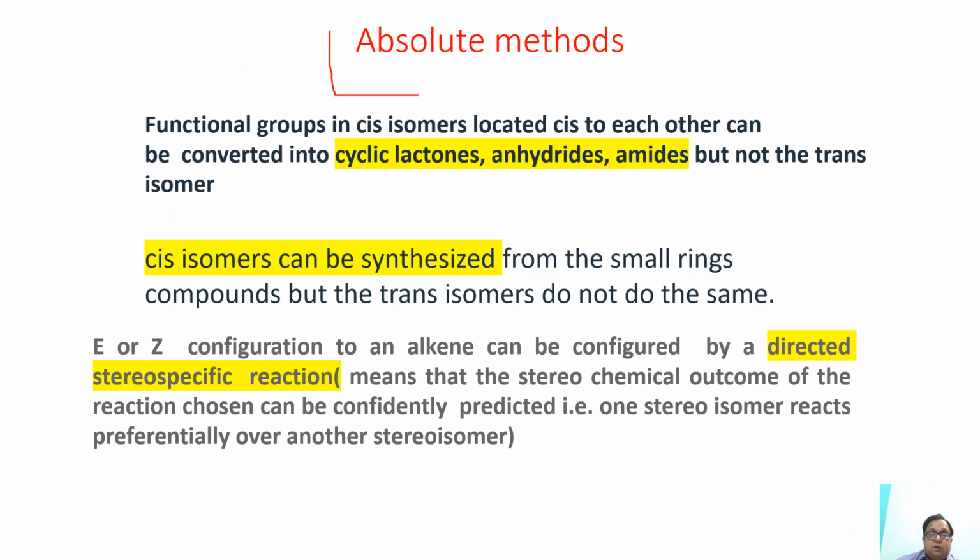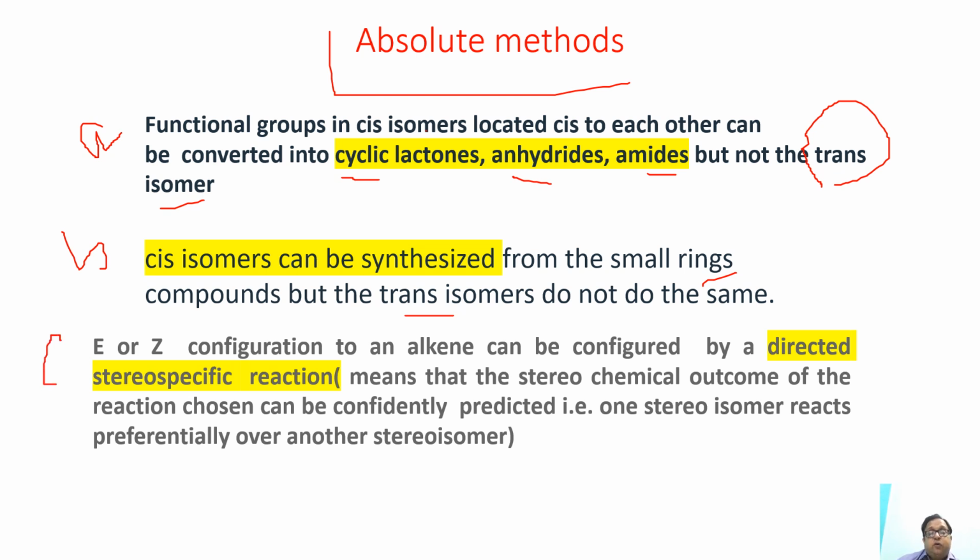Absolute methods can be worked out by any one of the three. In the first one, we easily convert the functional groups in the cis isomer, as they are located on the same side, into cyclic lactones, anhydrides and amides, but it is not possible in the case of trans isomers. Similarly, in the second one, cis isomers can be synthesized from small ring compounds, but the trans isomers can't be.